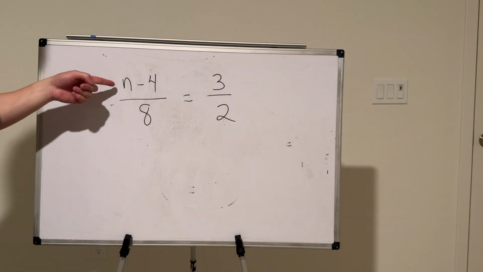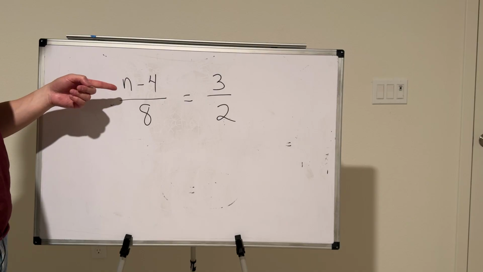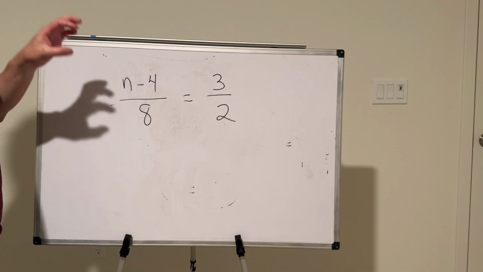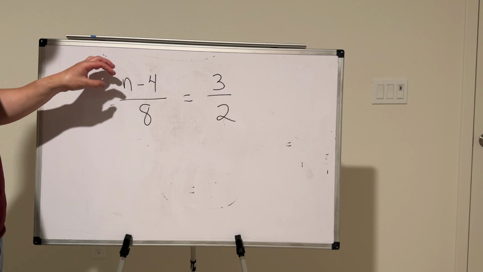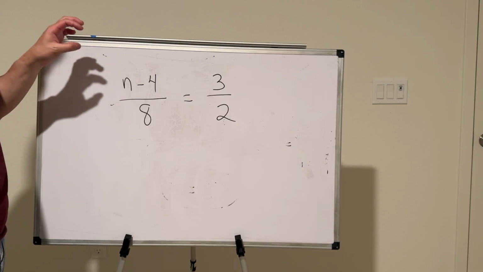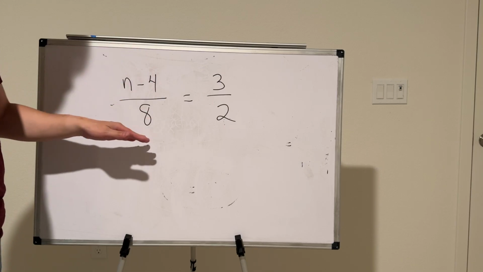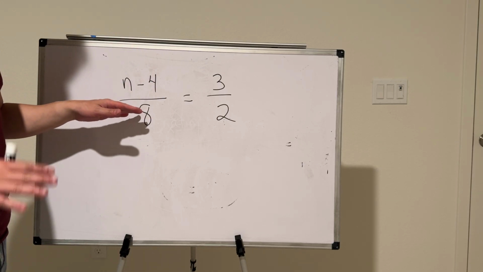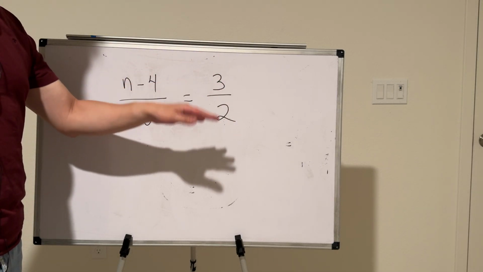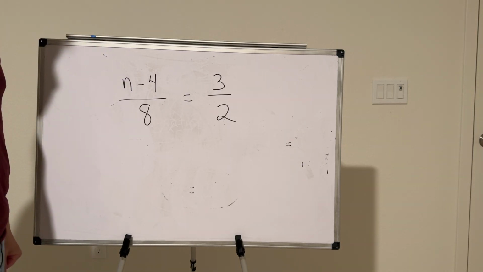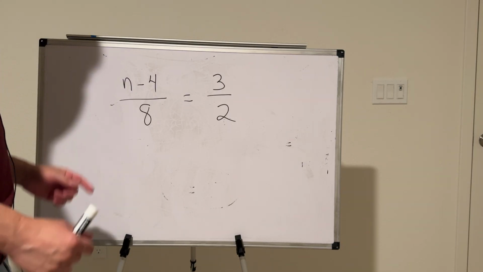And I want to solve for the letter n such that whatever I get for a final answer, if I put n into here, subtract 4, and divide it by 8, I should get the same result as 3 divided by 2. And we're going to check that at the very end.